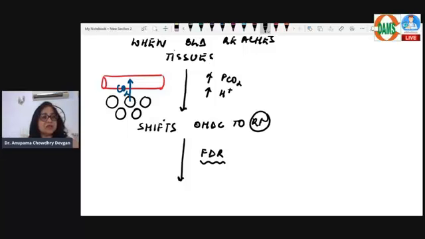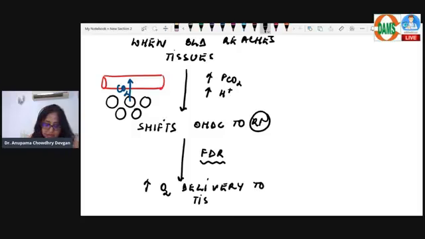Favors dissociation, a shift to right. So there is going to be increased oxygen delivery to the tissues, which is a good thing, because tissues continuously need oxygen.